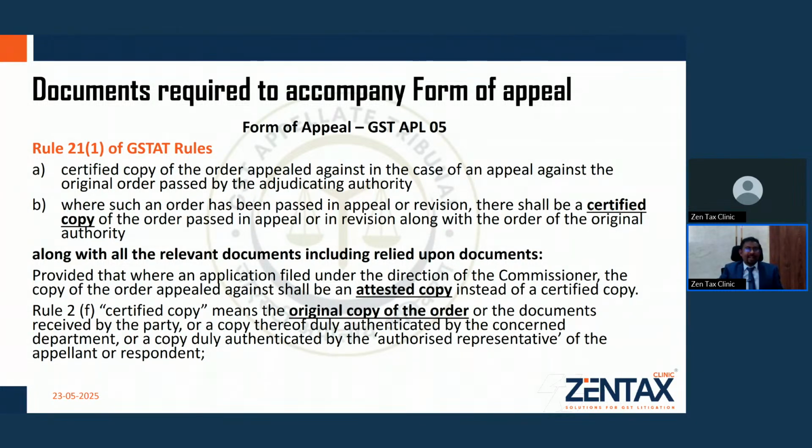Therefore, if the appellant himself is filing an appeal even without an authorized representative, then he needs to get the copy of the order authenticated by the department. If it is going through an authorized representative, then the authorized representative himself can say that this is the certified copy of the order.